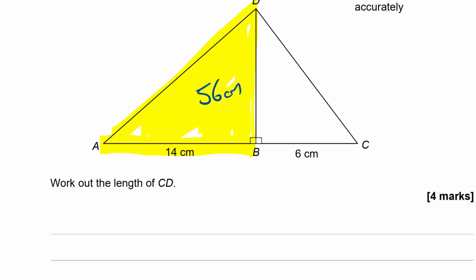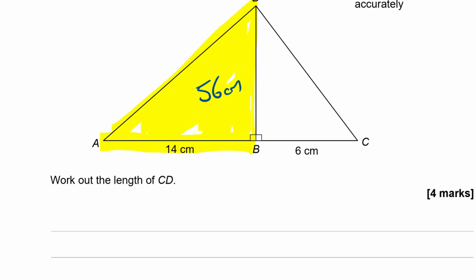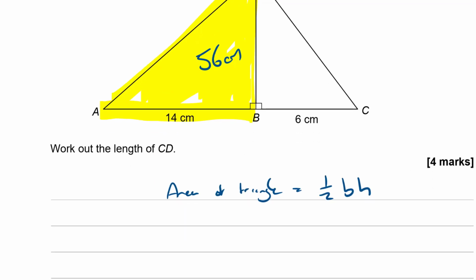Now, we know that the area of a triangle is half its base times its height. So, area of triangle is half base times height. So, we know that the baseline of this triangle is 14, but we don't know the height. Let's call the height h.